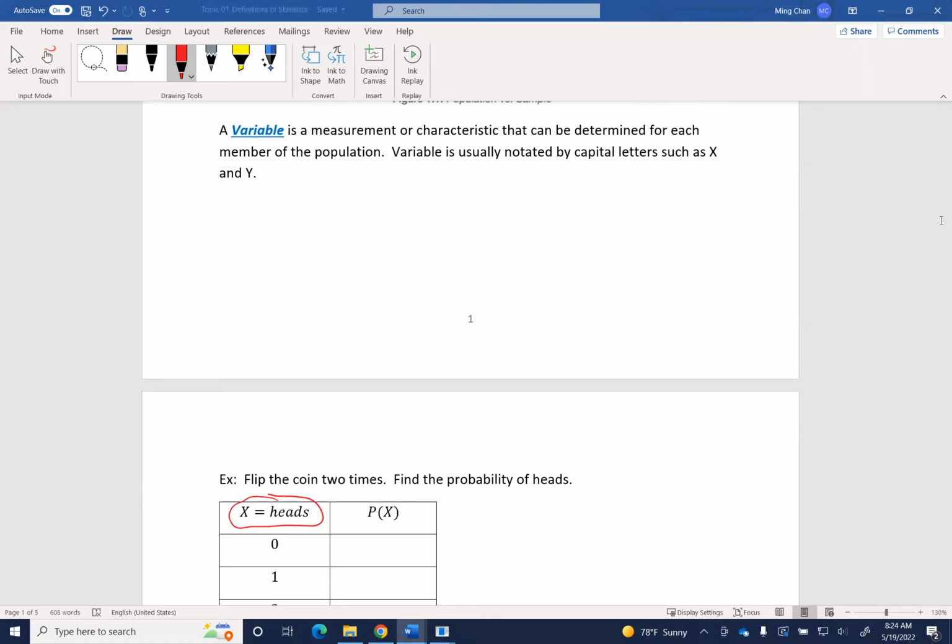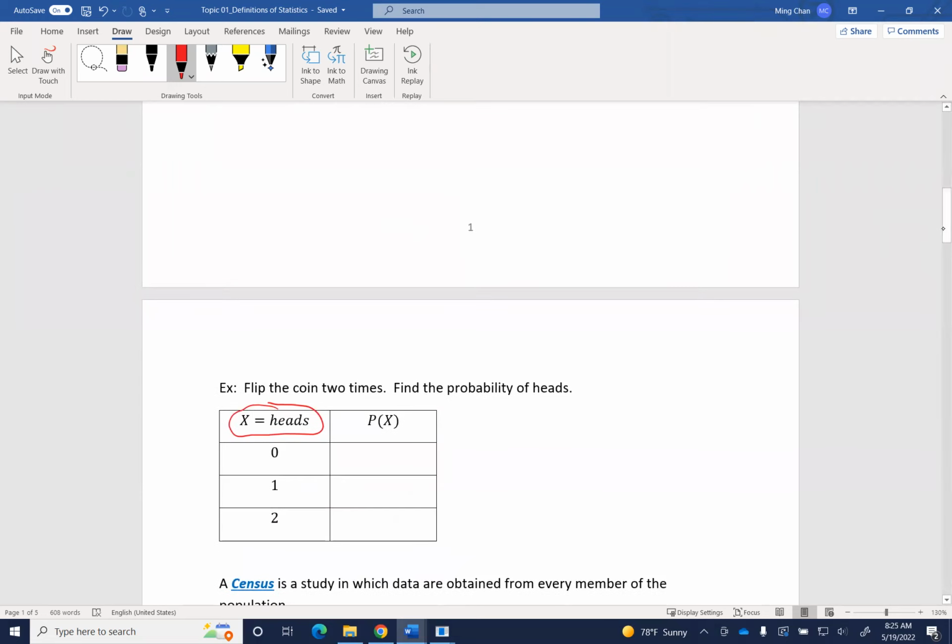That variable is a measurement or characteristic that can be determined for each member of the population. Since I'm only flipping the coin 2 times, that means I can get 0 heads out of the 2 flips. I can get 1 head and I can get 2 heads. That's the reason why the counts are 0 heads, 1 head, and 2 heads. But the heads are my variable. And right here, P stands for probability. So right here on the right side is the probability of obtaining each one.